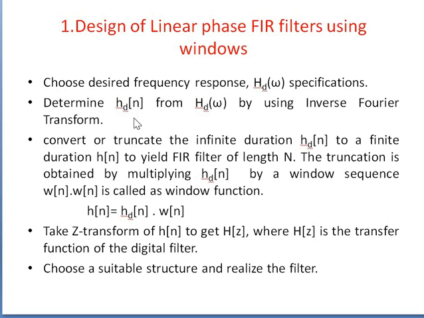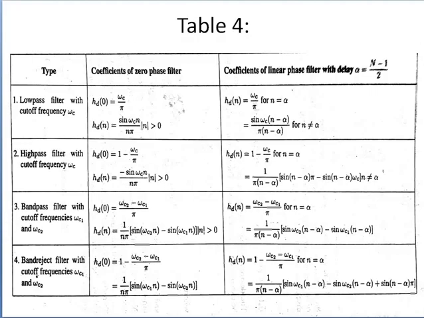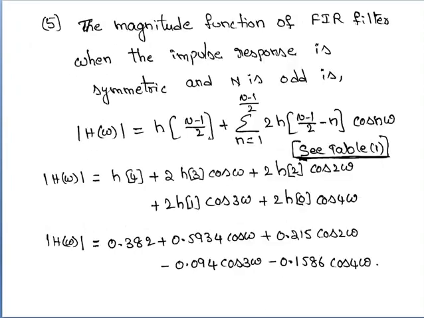Now from HD of n find the finite duration impulse response h of n based on the window function, and then from h of n find the H of z. So for that H of z, realize the filter structure. These are the steps involved using the window technique. Similarly we complete the remaining methods.